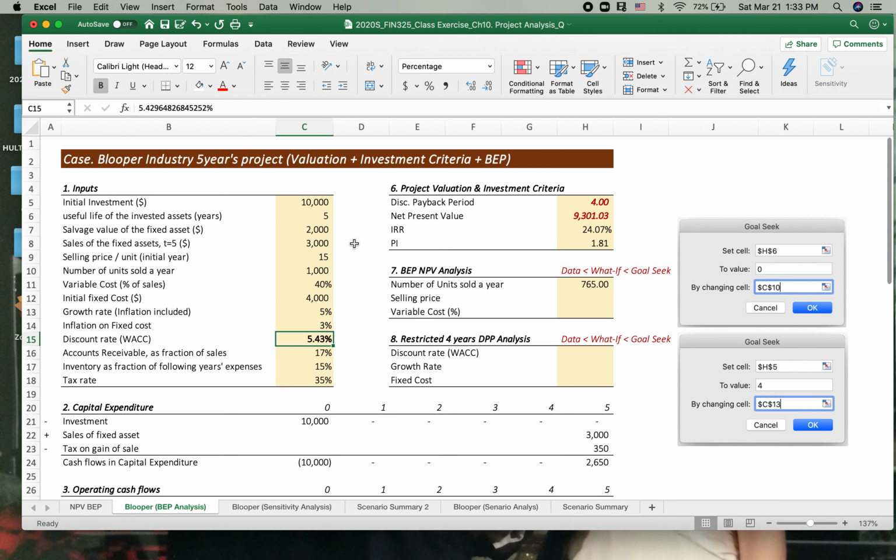Okay, 5.43%. So let's just write down the hard number there. So if we have the discount rate of 5.43, then the discounted payback period will be 4. Definitely the net present value or PI will be changed. Okay? So let's come back to 12% as a base case.